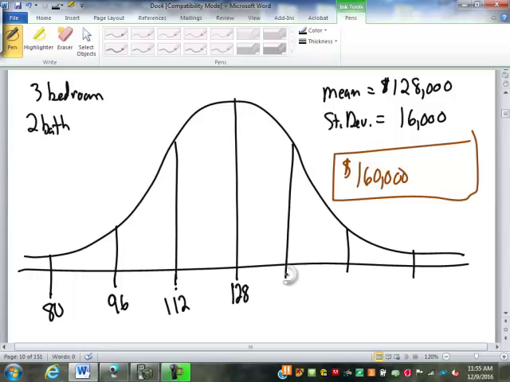Going the other direction. What number's going to go here? $144. How about here? $160 and $176. And these percents, of course, stay the same.